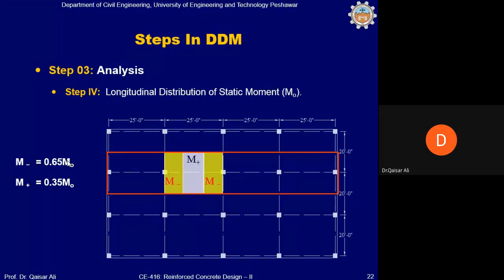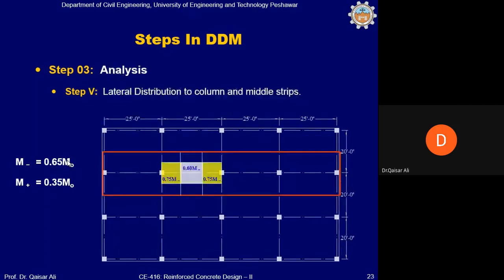So this is called the longitudinal distribution. Further, these longitudinal moments will be distributed laterally. This is called lateral distribution to the column strip and middle strip.